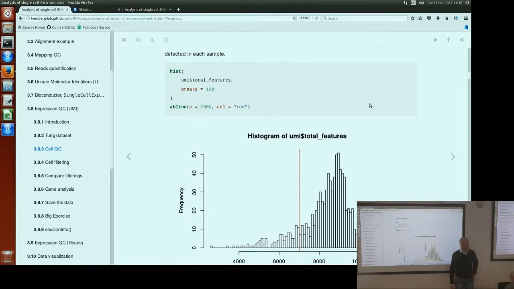But is there any normalization for the length of the gene, for example, when you decide if a gene is expressed or not? And what's the advantage of using one or the other? If I use the UMI, the read-based threshold, or the gene threshold, what's the advantage of one over the other? So the question is, are there any normalizations for genes which take into account the gene length, and also what's the advantage of using total counts versus total features?